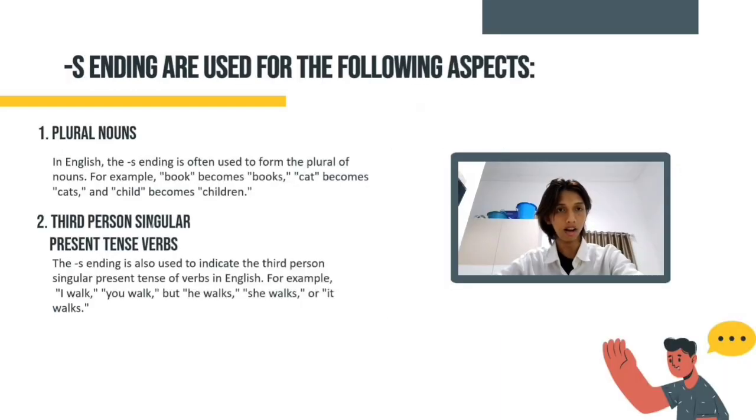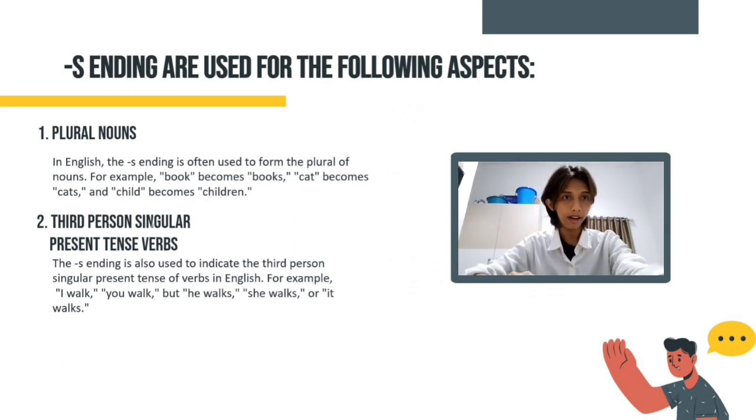S endings are used for the following aspects. 1. Plural nouns. In English, the S ending is often used to form the plural of nouns. For example, book becomes books, cat becomes cats, and child becomes children. 2. Third-person singular present tense verbs.